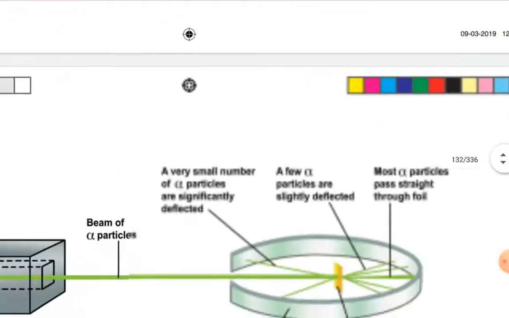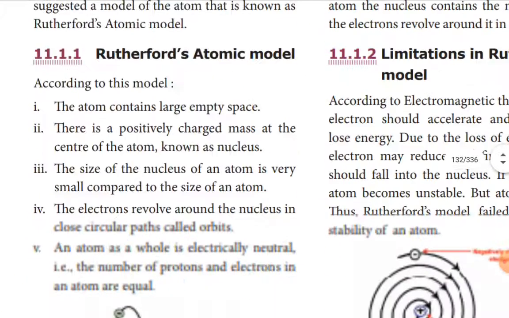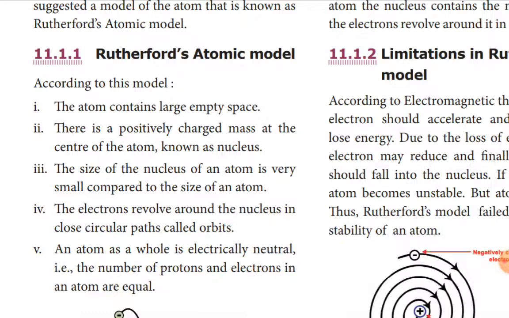From that he concluded that the atom contains large empty space, a positive nucleus whose size is very small compared to the size of the atom, a circular path called orbit, and that the atom is electrically neutral.